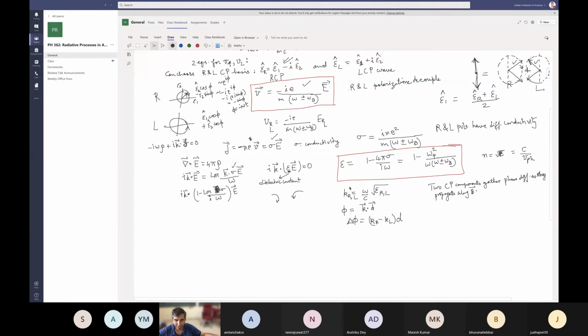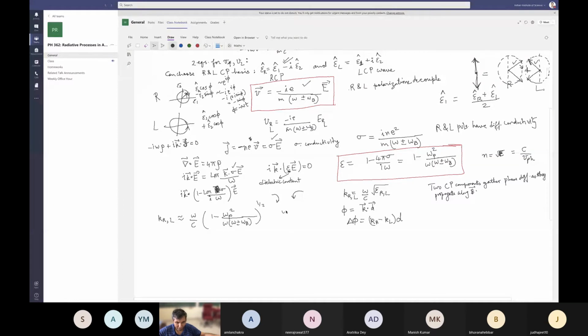From this equation, K_R,L is approximately omega by C times (1 minus omega p squared by omega times (omega plus-minus omega b)) to the power of 1/2.